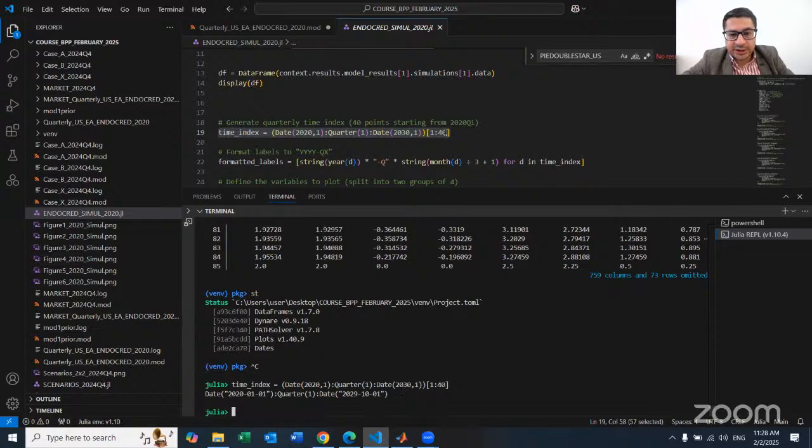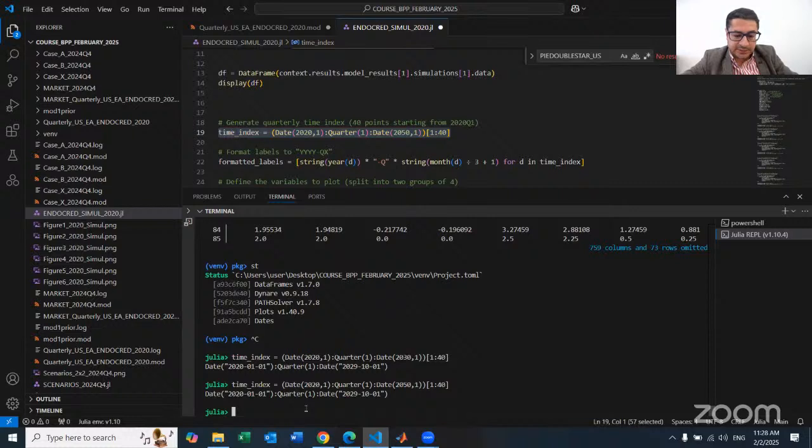Why am I doing this? Because I'm going to plot the 40 quarters of the simulation, 10 years. You can write here, for example, 2015, and again run, but take the first 40 of this.